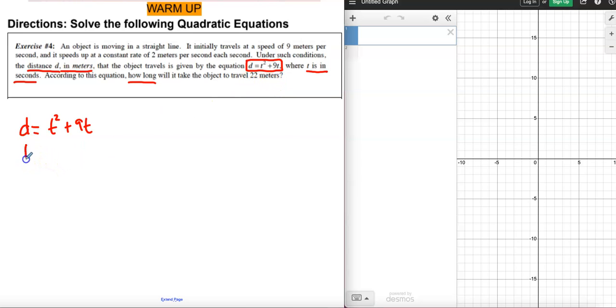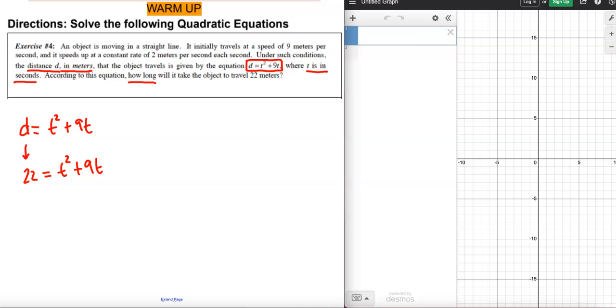So we substitute 22 in for d, and we have 22 equals t squared plus 9t. Here I have to solve this equation for t, which means to get t by itself. So how am I going to do that?